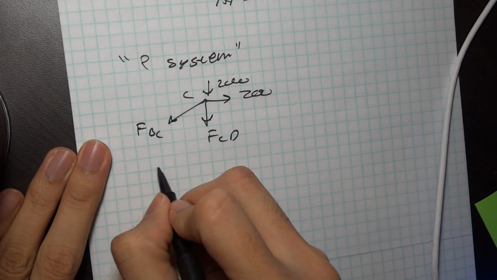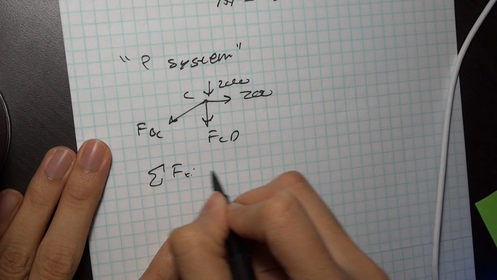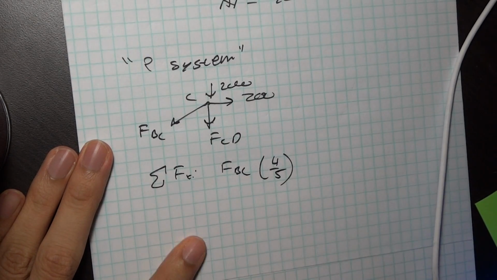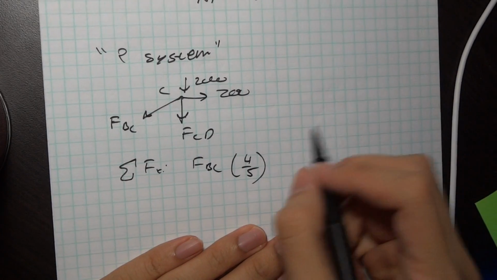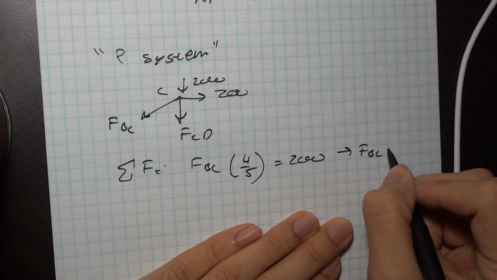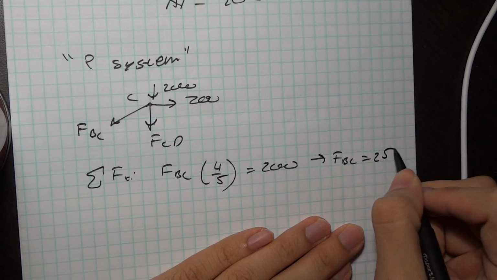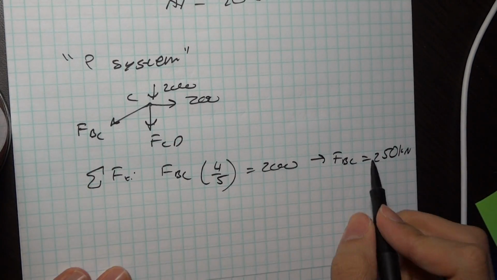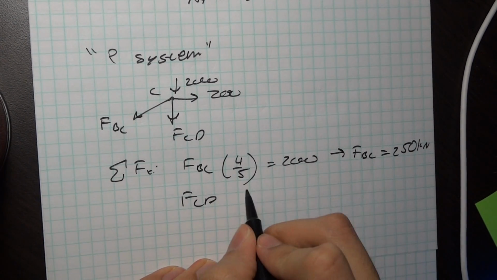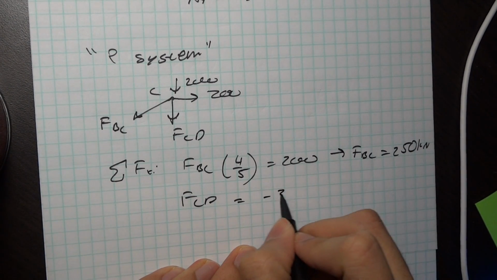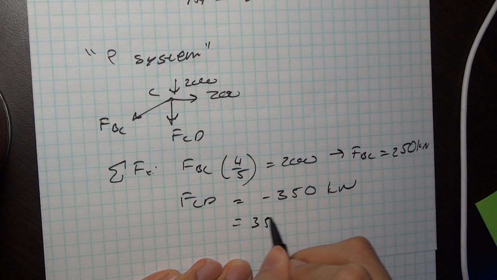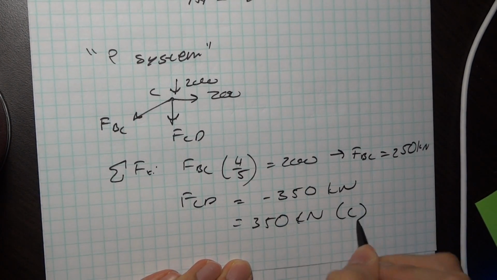If we do sum of forces in the X, we get FBC times 4 on 5. It's given by the ratio of triangles, the ratio of the sides. That equals 200. FBC equals 250 kilonewtons, and that is in tension. FCD, by a similar process, will turn out to be negative 350 kilonewtons, or 350 kilonewtons in compression.